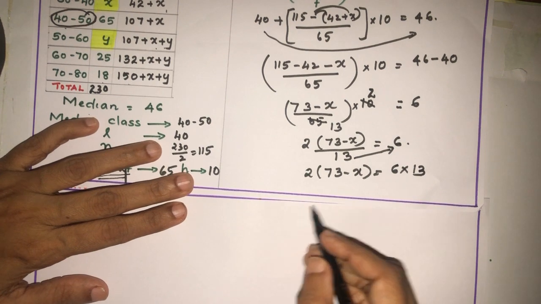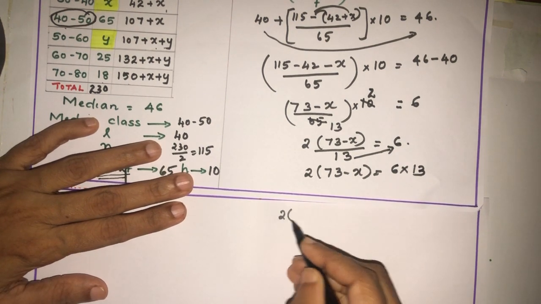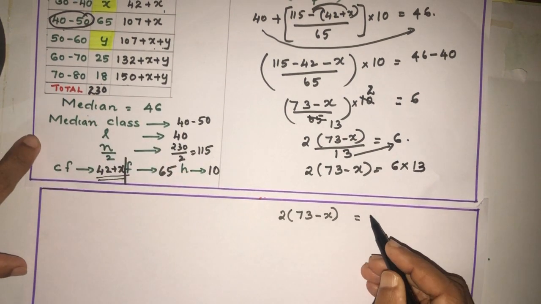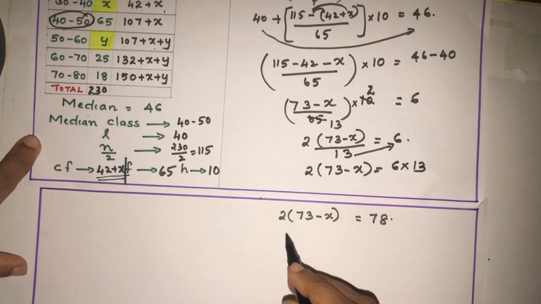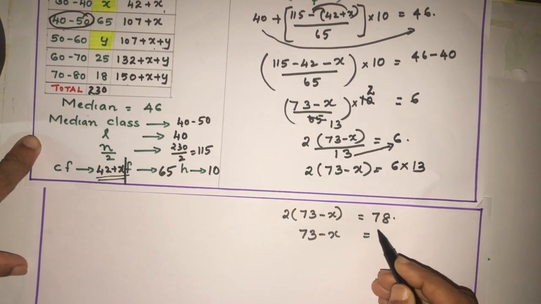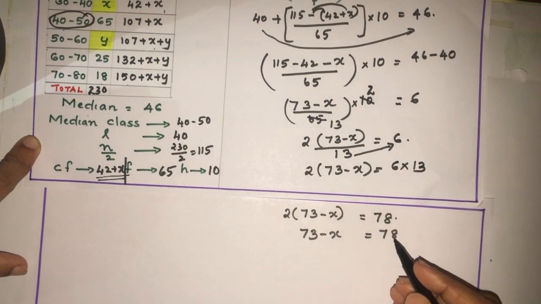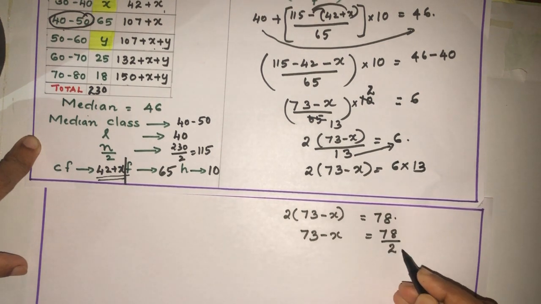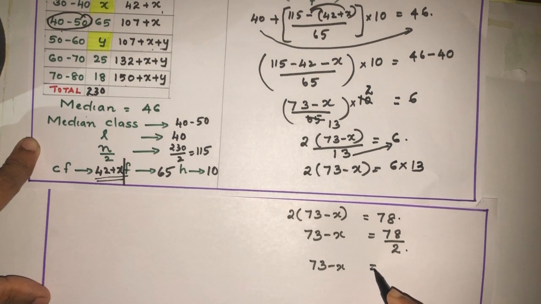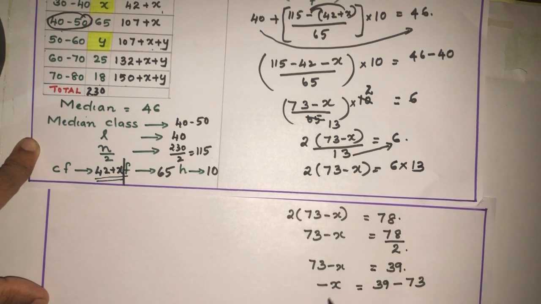So what is remaining? 2 into 73 minus x equal to 78. Now 73 minus x equal to 78. Here this is multiplication, that will become division here. 73 minus x equal to 39. Minus x equal to 39 minus 73.